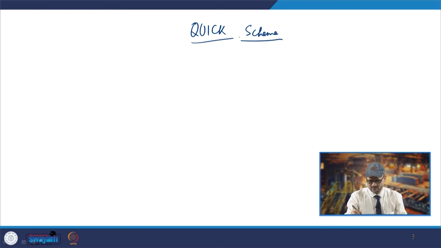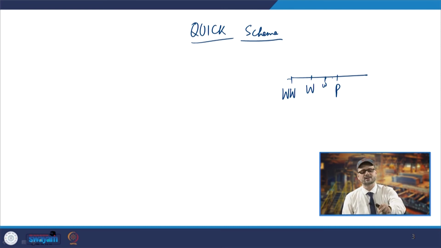So, in that case, this is your west face, and this will be the west node. Then you take another node, WW, and this is the W face, and this is your P. So, you are getting the flux value in terms of the values at these three nodes in this quadratic upwind differencing scheme. That is what is known as QUICK.